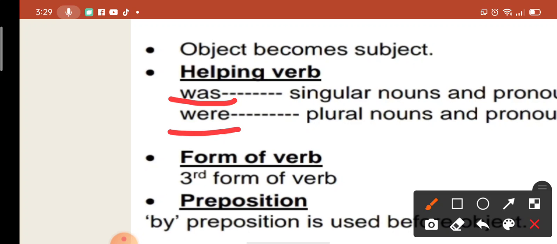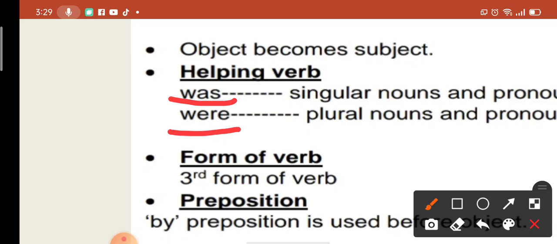So, if our subject is singular, it is one person or one thing, then we use was. And if our subject is plural or it is more than one, then we use were with that. Always remember that with you use were, okay?